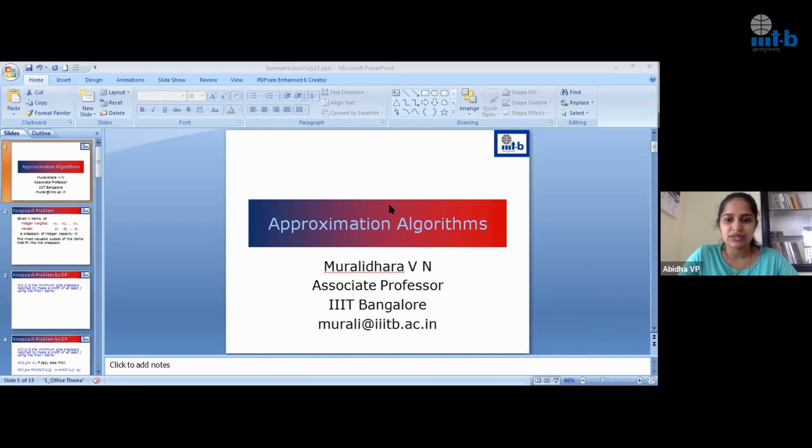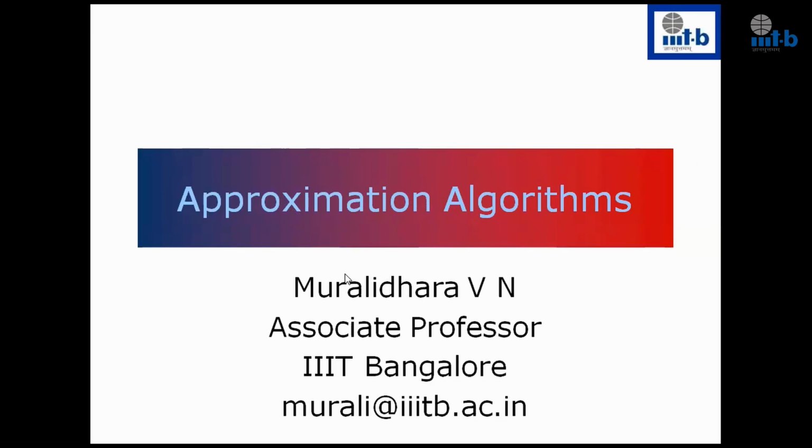Okay, so today again I'll be talking about two more approximation algorithms. In the last session, we have seen approximation algorithms for the vertex cover and the TSP. So what we have seen is how do you get approximation algorithms even when you don't know the optimum.